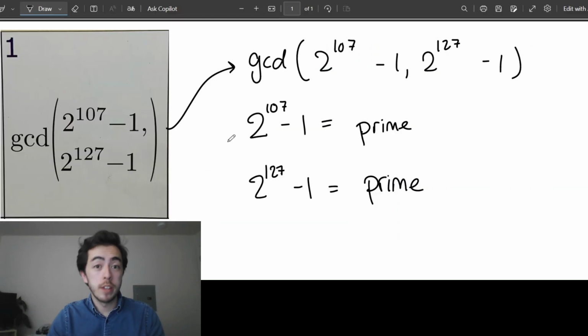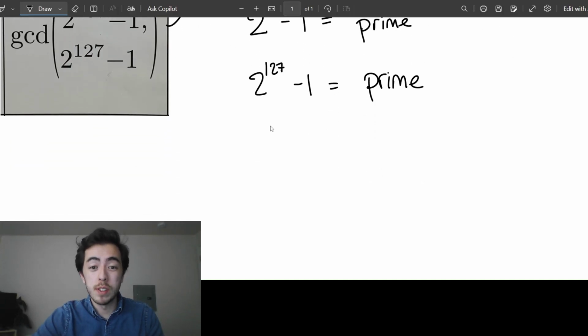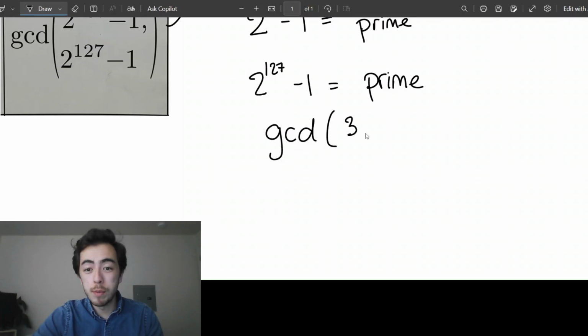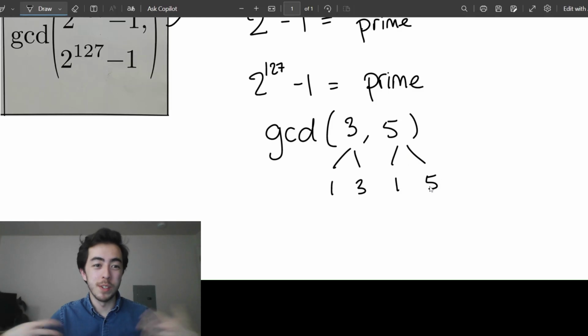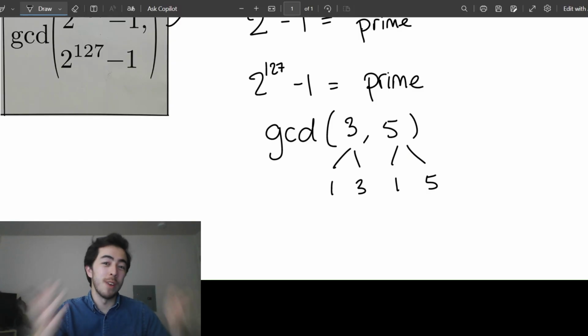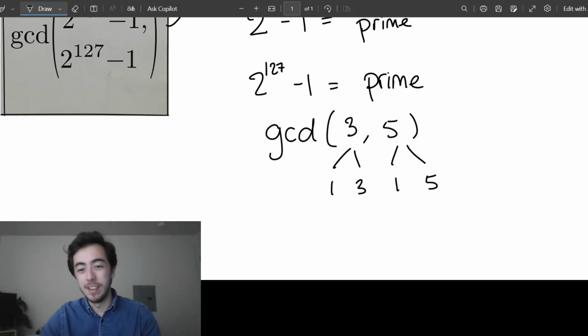So finding the greatest common divisor between these two primes would essentially be the same thing as finding the greatest common divisor between any two primes. We could try finding divisors of 3 and 5. There they are. Primes only have two factors, right? 1 and themselves.